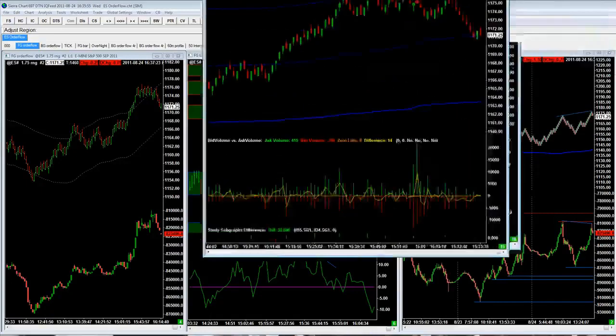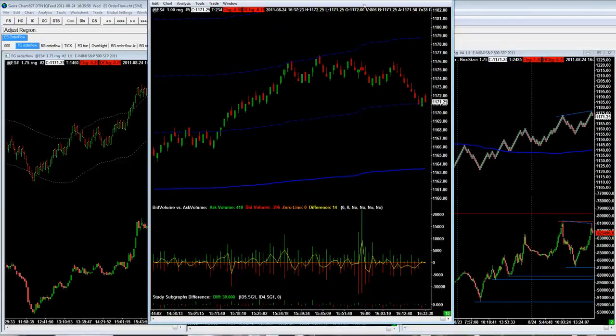Good example right here, guys. Right about 4 o'clock here, right? These are contracts going on the buy side, contracts going on the sell side. So these are contracts going off on the offer, contracts going off on the bid.